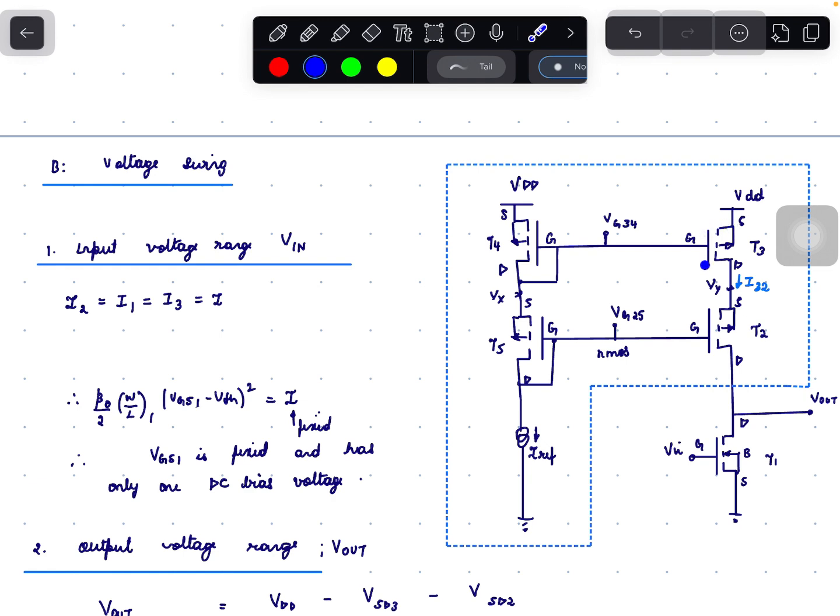And for T3, since the voltages Vx and Vy are same and the gate voltages are same, it can be proved that the gate voltage of T3 and the drain voltage of T3 are same, which means that T3 acts like a diode. So minimum voltage for T3 to be in saturation is nothing but VGS.